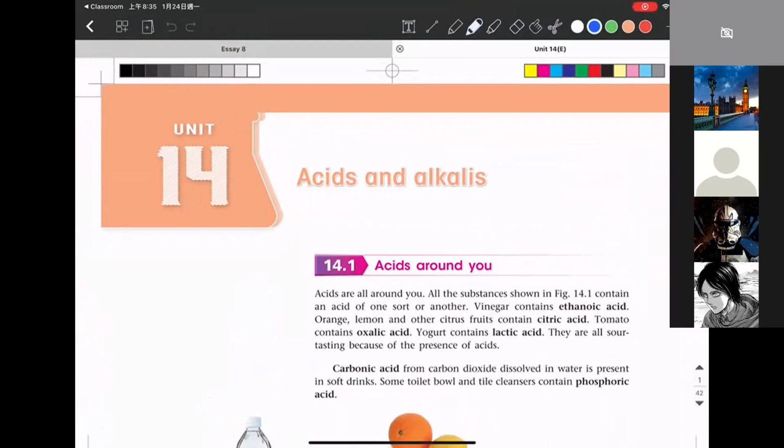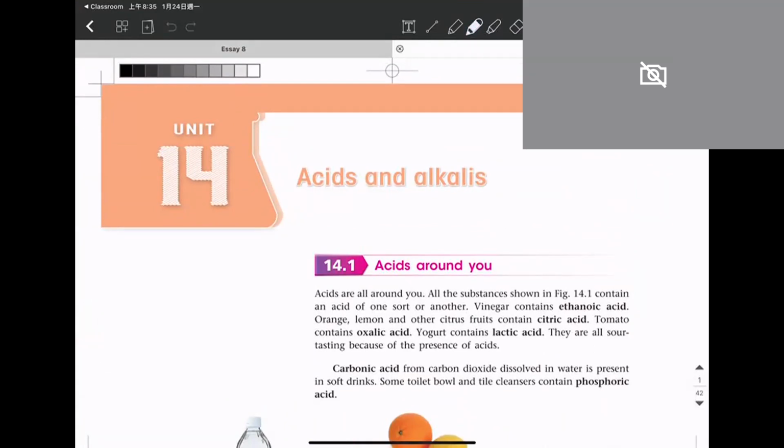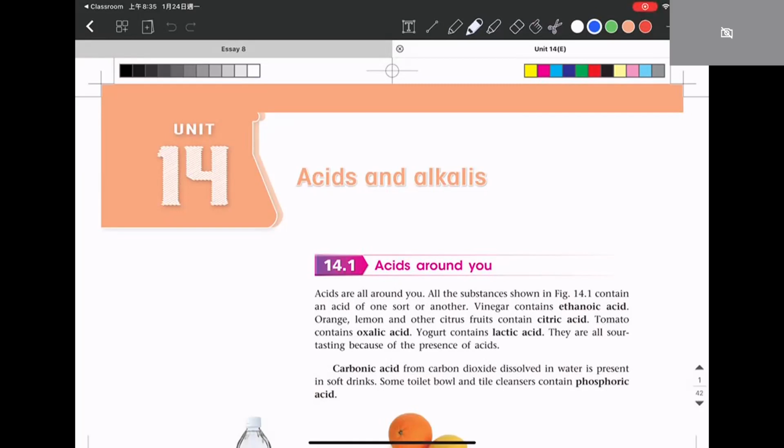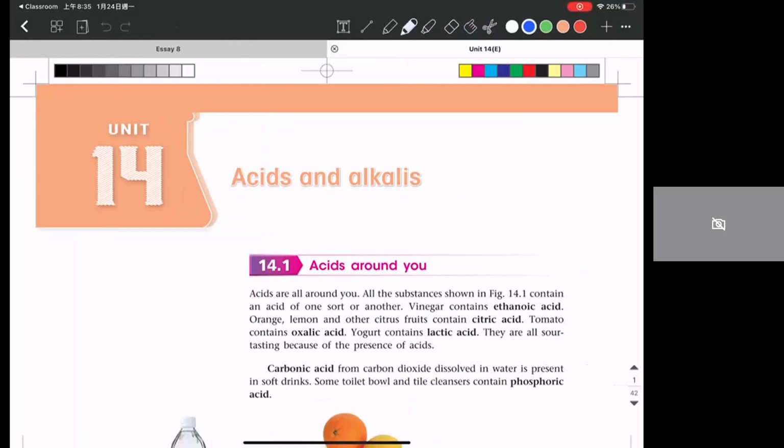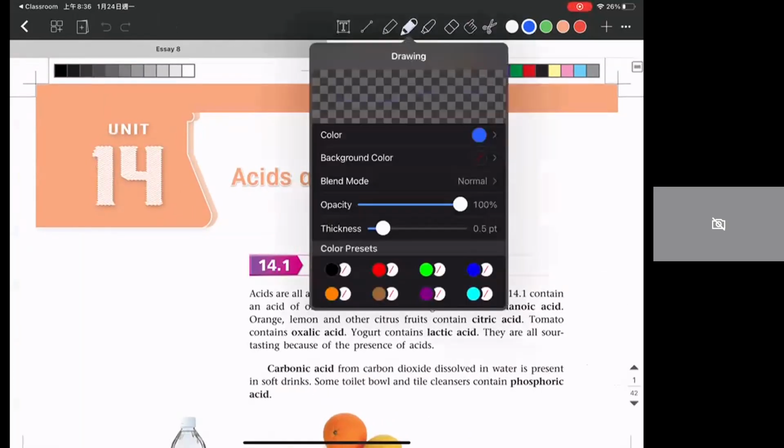This is about the pH value. pH. What else? Neutralization. What else? Good.